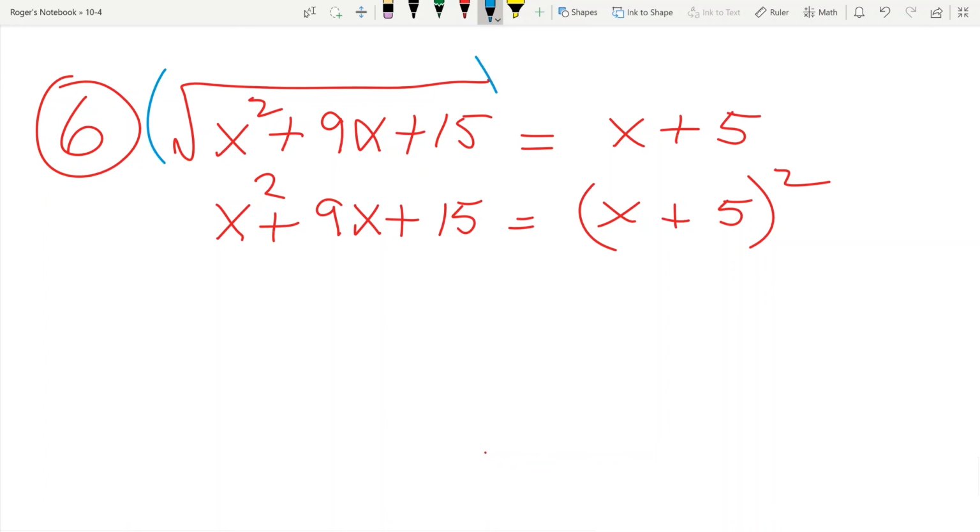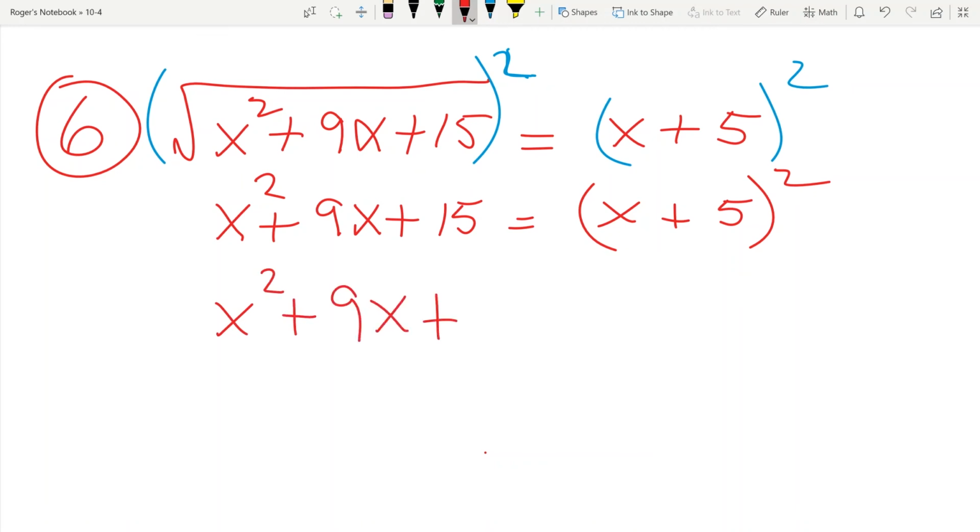Now, I think you remember that when you have a plus b quantity squared, it's equal to a squared plus 2ab plus b squared. So x plus 5 quantity squared is x squared plus 2ab. A is 1, b is 5. So 2 times 1 times 5 is 10. So this is going to be x squared plus 10x plus 25.